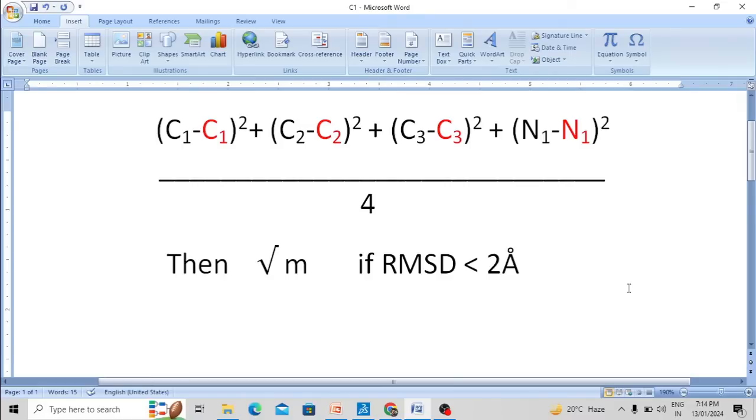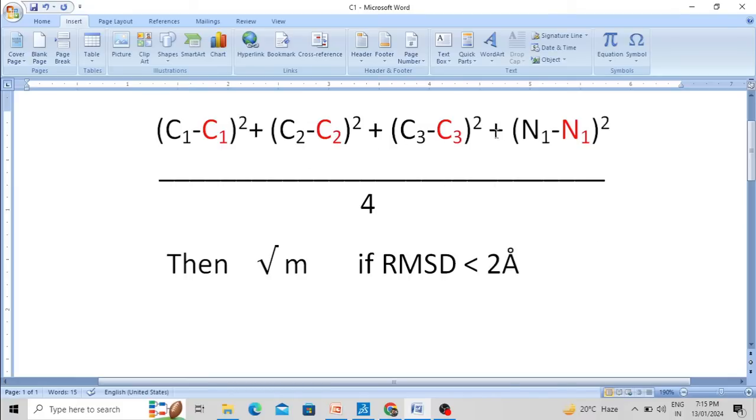Suppose a molecule consists of 4 atoms, 3 carbon atoms and 1 nitrogen atom. And now we are comparing the RMSD between two poses of that molecule. So the deviation between the first carbon atom of the two poses is first calculated, then it is squared. Then the deviation between the second carbon atom of the two poses is calculated, then it is squared.